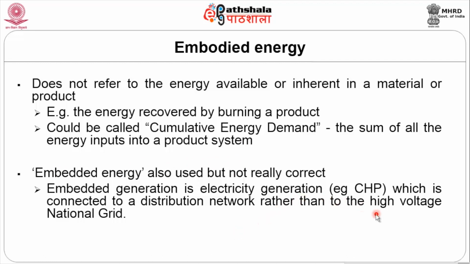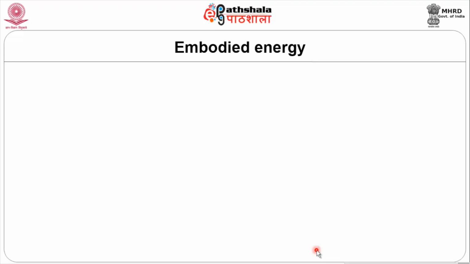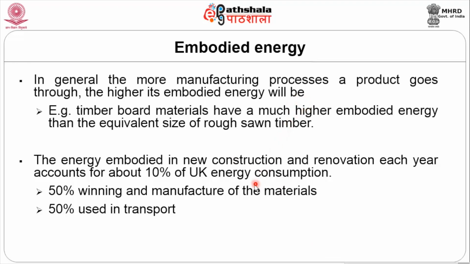It is nothing but electricity generation which is connected to a distribution network and also to the high voltage national grid. The manufacturing process is included in the embodied energy.